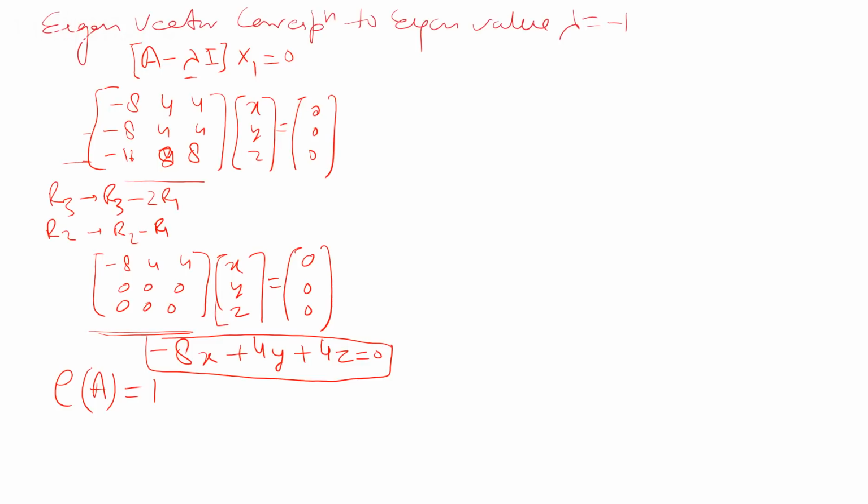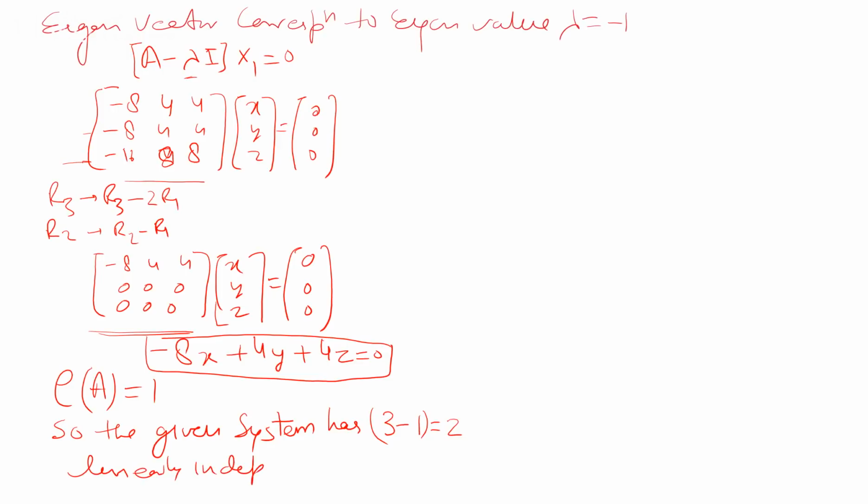The rank is less than the number of unknowns, so we get a non-trivial solution. Or we can also say the given system has 3 minus 1, that is 2, linearly independent solutions.